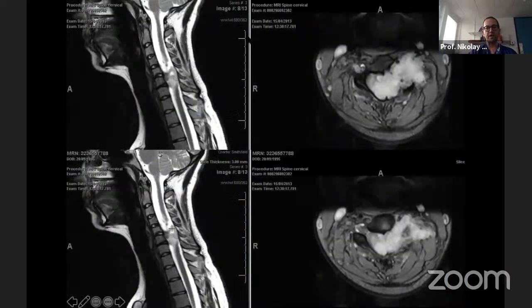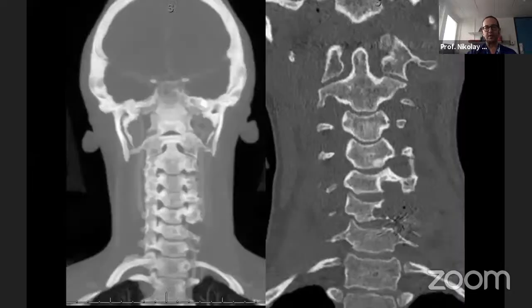This was the tumor. When I decided to operate, the girl was slim and tiny, and it was possible to palpate this tumor through the skin. Of course, I did an angiography, and this was the angiography.